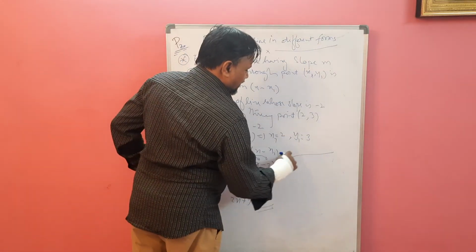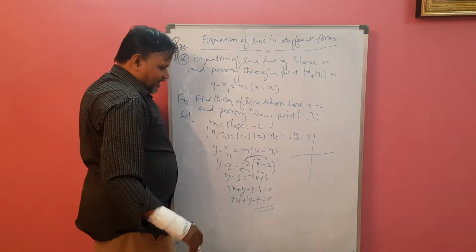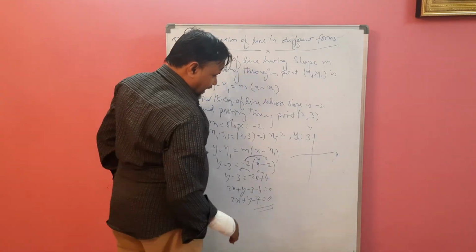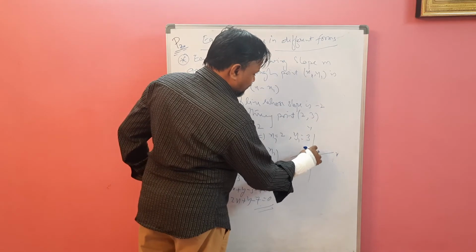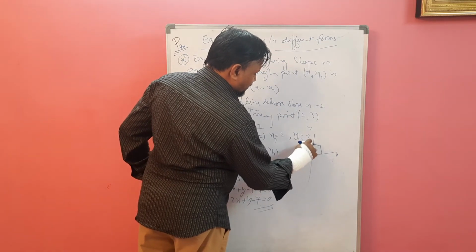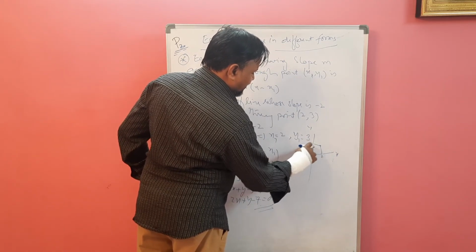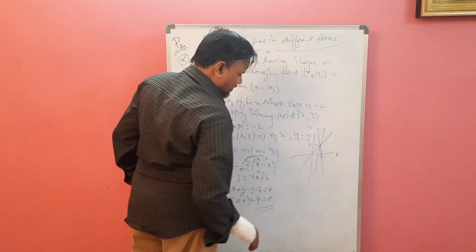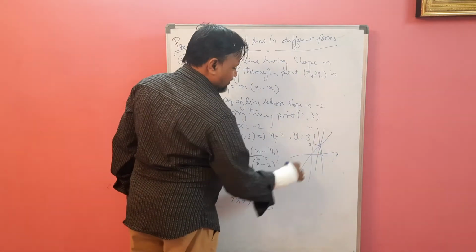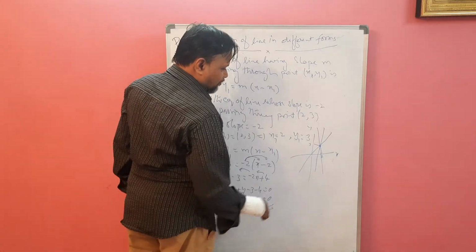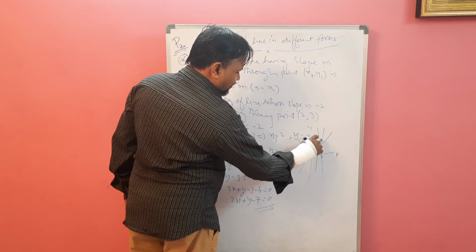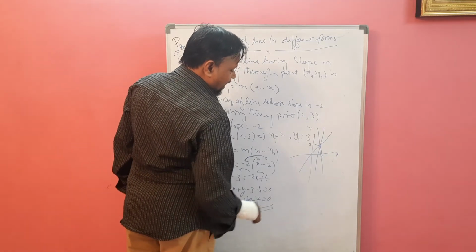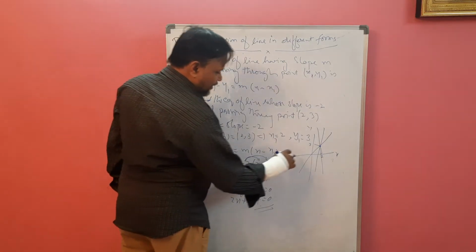Suppose this is the x-axis and y-axis, the coordinate axes. Now this is a line passing through this point 2, 3. Okay, this is 2, this is 3. So like this, this is passing through like that. Roughly we are taking an example here to understand that this line passes through the point 2, 3 and has slope minus 2.